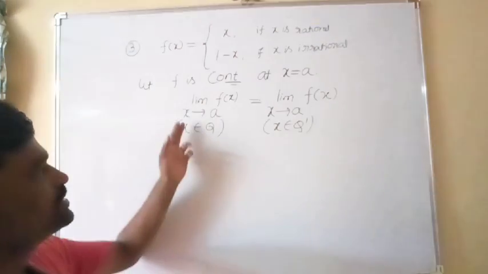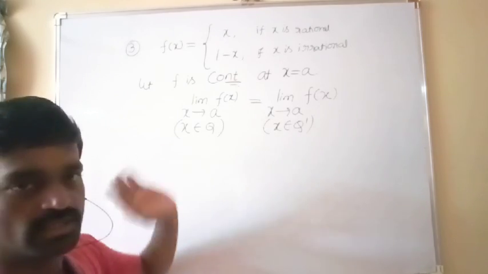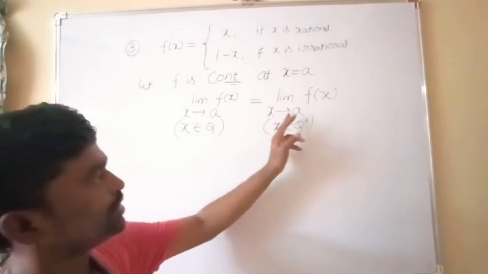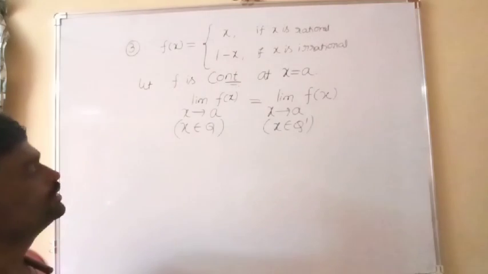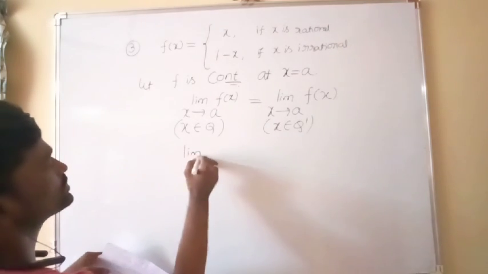So here x is approaching a taking only rational values, and here x is approaching a taking only irrational values.